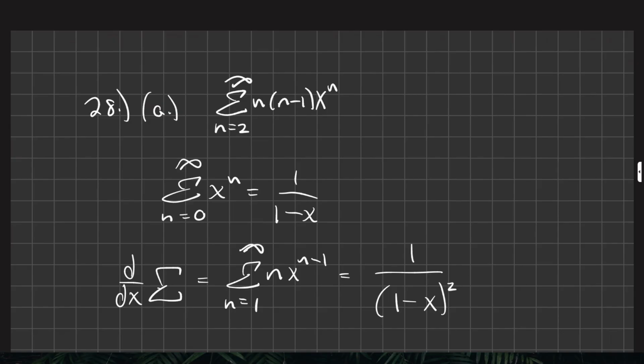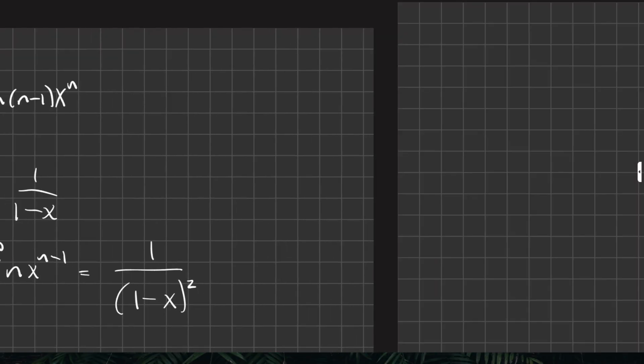We need to multiply everything by x. So let's take the series from n equals 1 to infinity of n x to the n. This gives us x over 1 minus x squared.